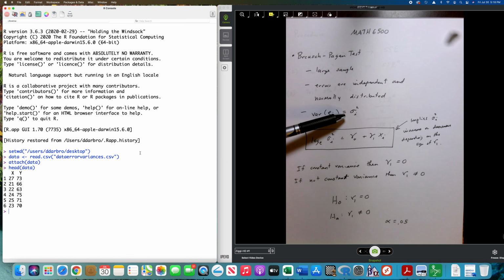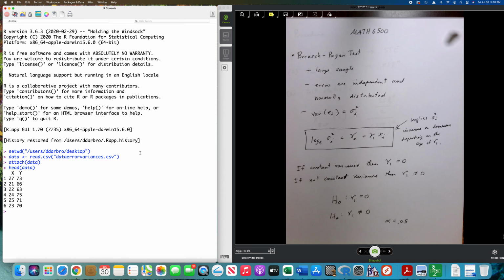And these variances at each level of x are actually related with log base e: the log of the variance of i equals gamma 0 plus gamma 1 times x sub i. So this implies that the variances at each level increase or decrease depending on the sign of the slope.